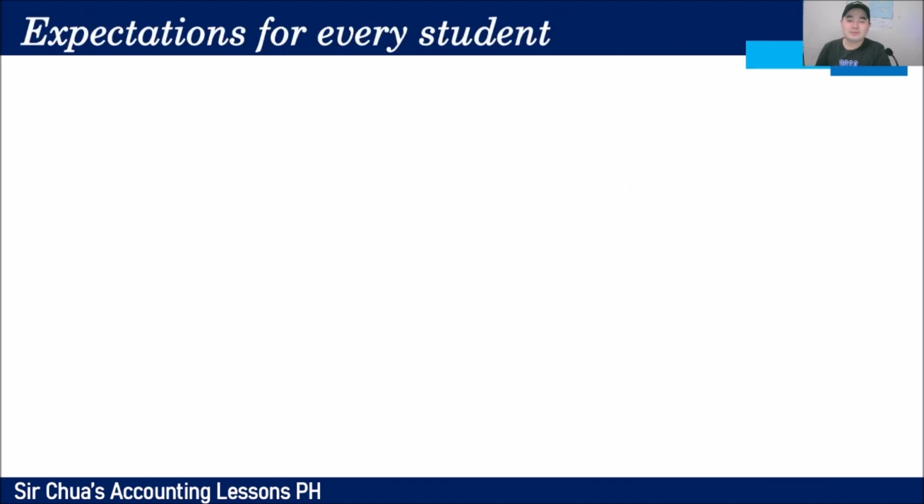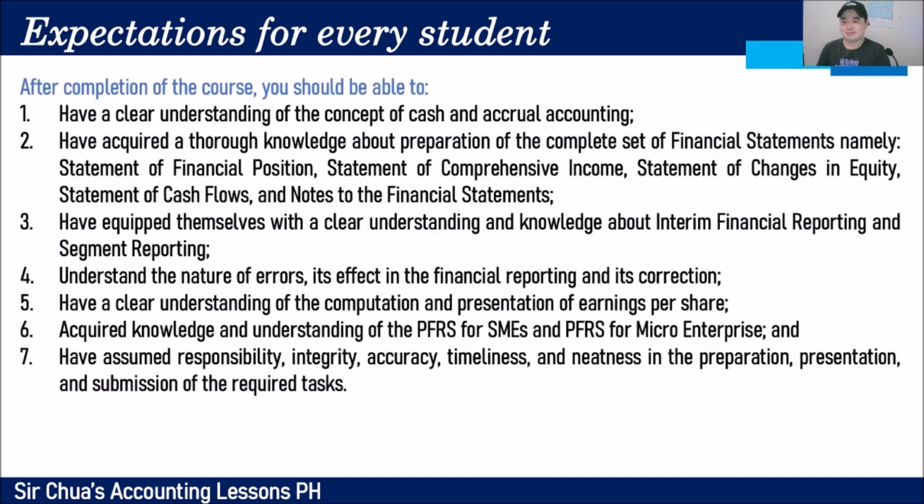Okay, so the expectations for every student at the completion of this course is number one, you should have a clear understanding of the concept of cash basis of accounting and the accrual basis of accounting. And also, you should have acquired a thorough knowledge about the preparation of the complete set of the financial statements as enumerated there in the slides.